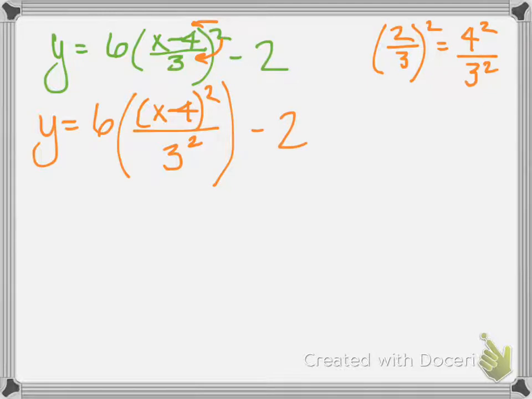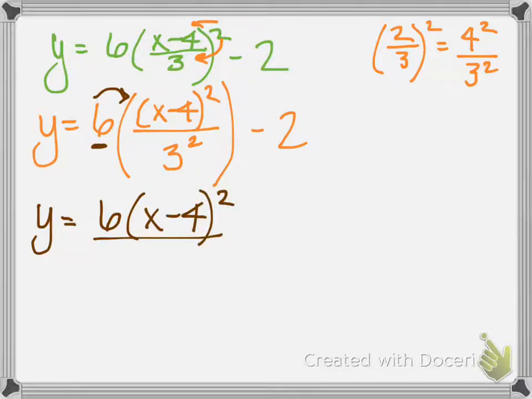Now I can use multiplication, and I'm going to multiply 6 times my parentheses. So I get y equals 6 times (x minus 4) squared divided by 3 squared, minus 2. From here, I can do 3 squared, and I'm going to just pull that out and put it under the 6.